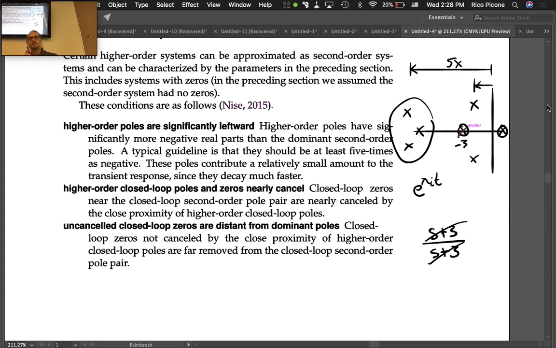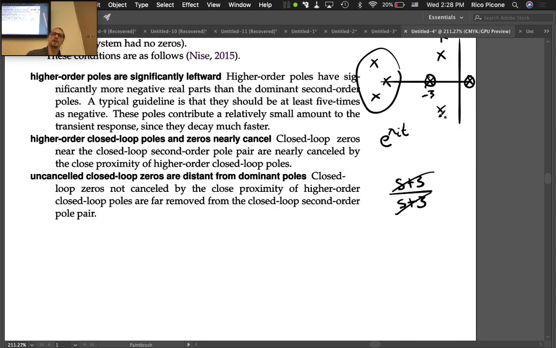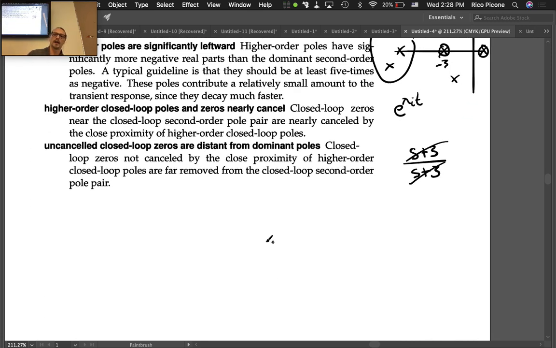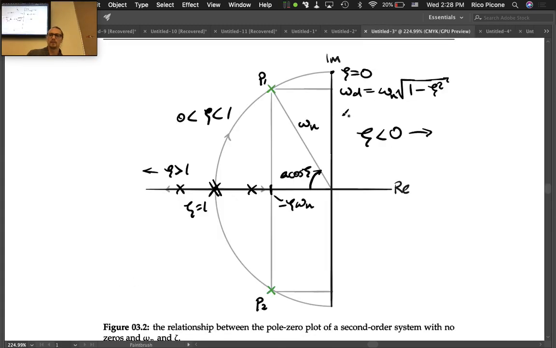Yes? What are the units of that graph? Is it a linear graph, or is it in dBs? This is the complex plane, the pole zero plot. We've done pole zero plots before, in this lecture.